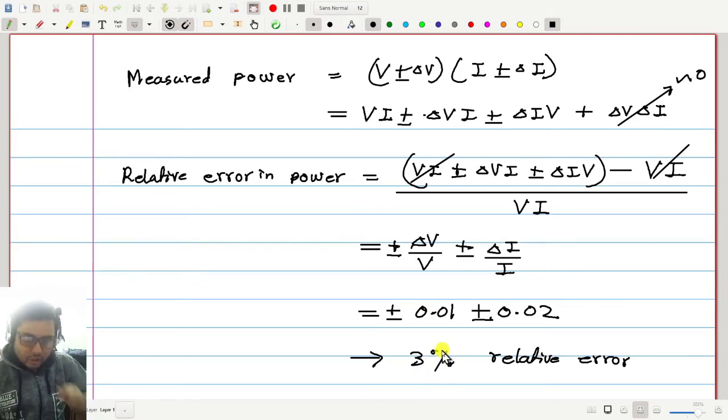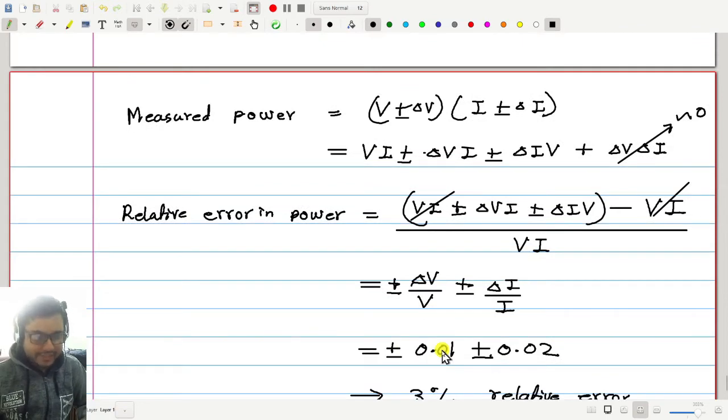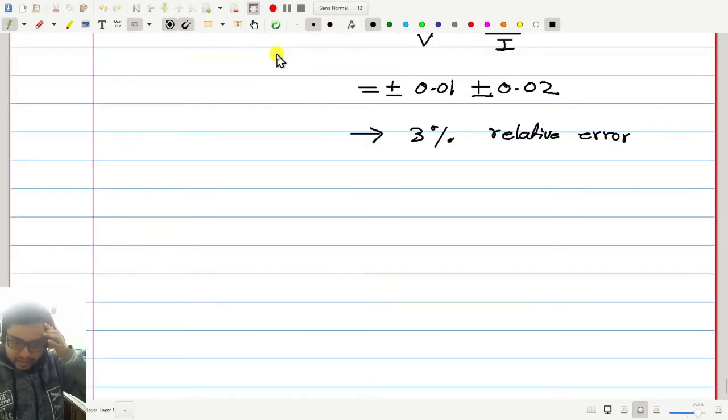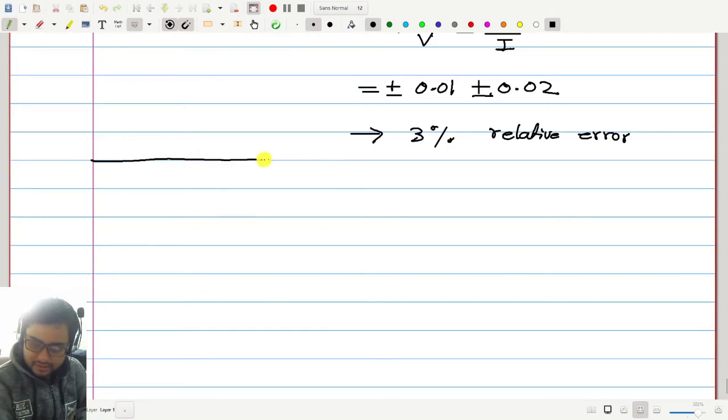So what do we see? When we take the product of two quantities, where both quantities are erroneous with some uncertainty, then the relative uncertainty in the product will be the sum of the relative uncertainties in the individual quantities. That is what we have learned.